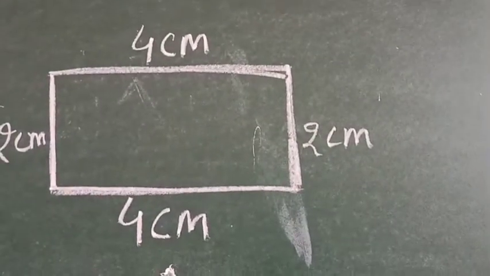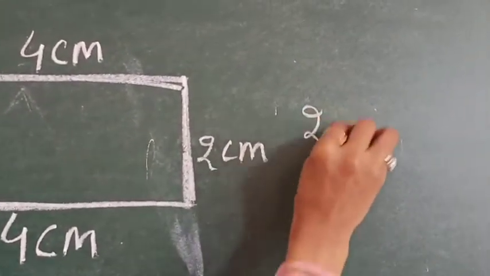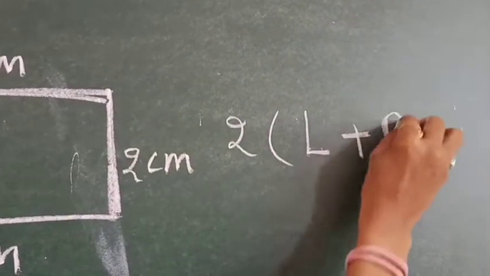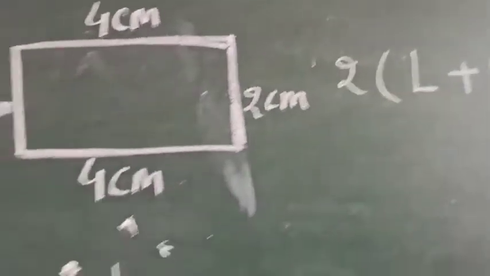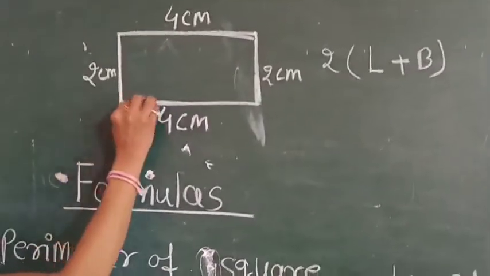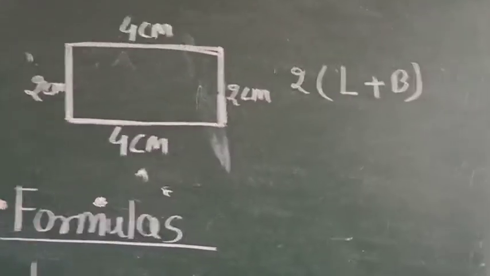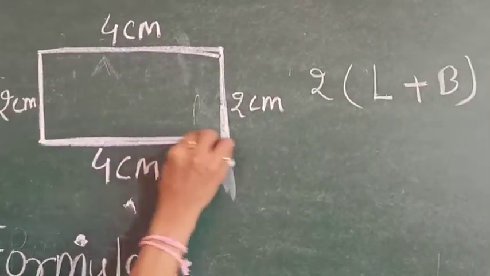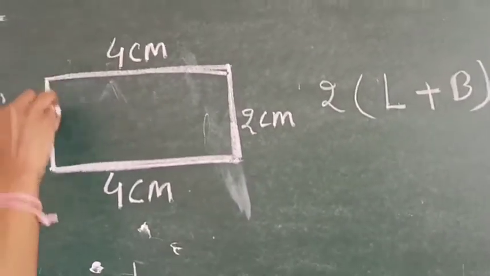So the formula of a rectangle is 2 times length and breadth. This is your length and this is your breadth.